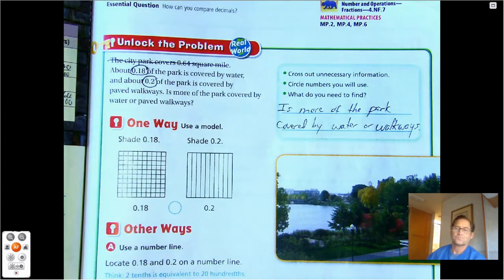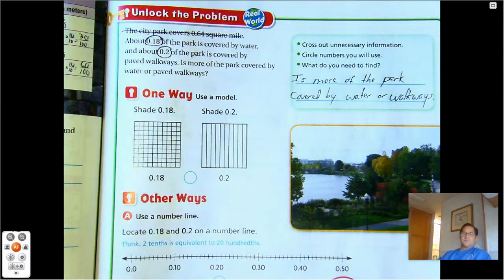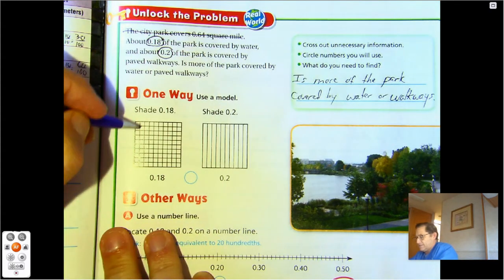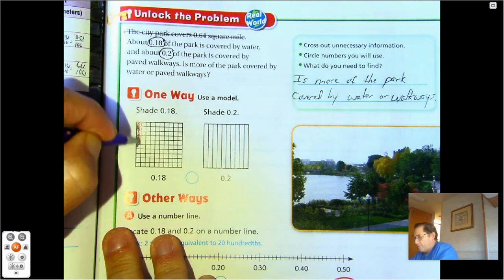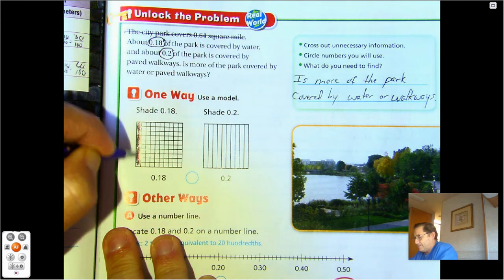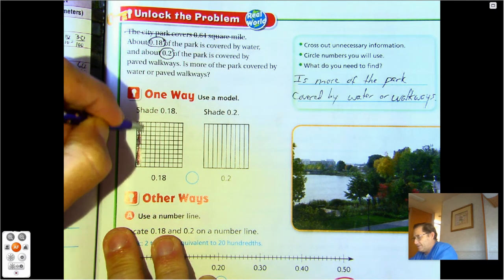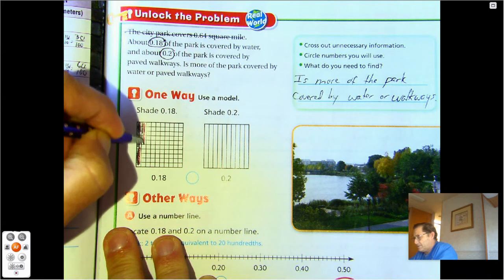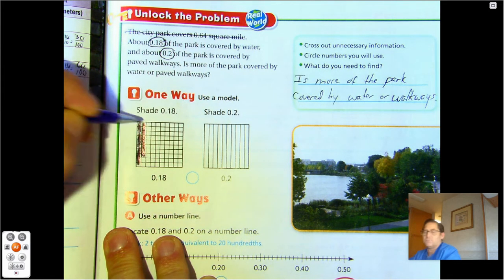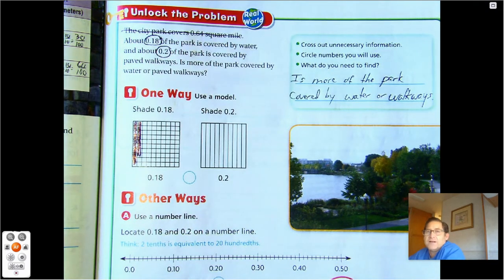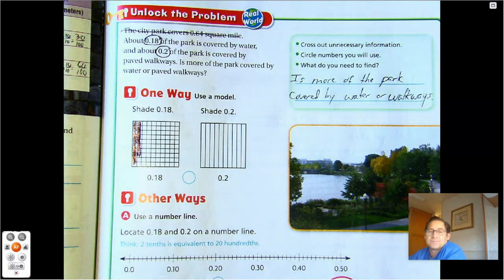Okay. So one way we compare decimals is by using models. Since these are different size parts, we'll basically be seeing which model has more columns shaded.